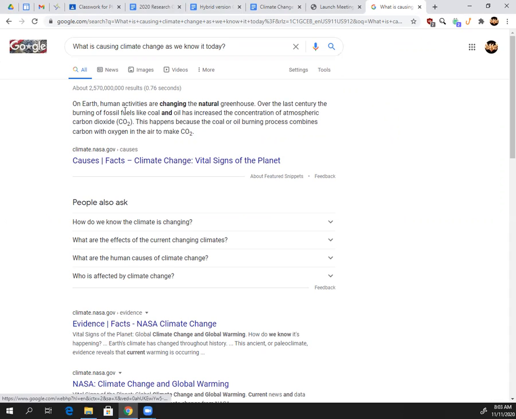And you can just copy and paste this and put it in there and never look at it again. But I will know that if you don't look at the evidence behind it, so if you don't look at the causes of climate change, it will show in your final product.